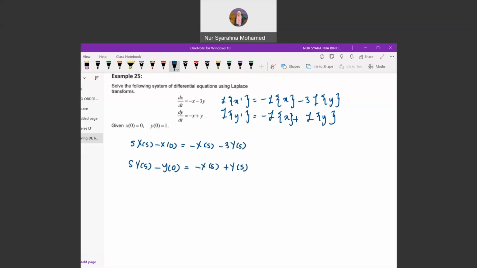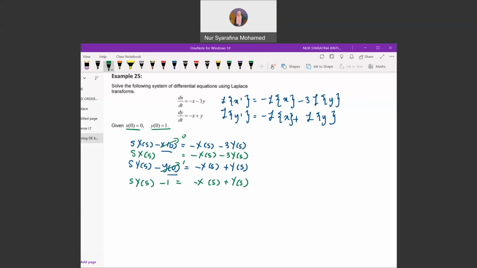Here apply the condition where x naught equals 0 and y naught equals 1. So here we have s Xs minus 0 equals negative Xs minus 3Ys, and this one is s Ys minus 1 equals minus Xs plus Ys.